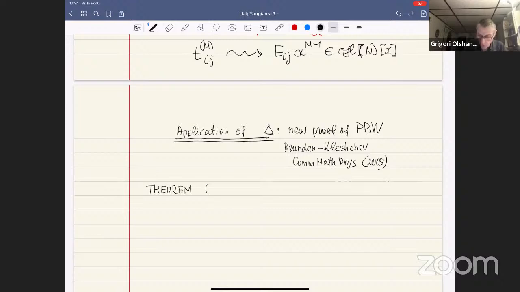Theorem, Poincaré-Birkhoff-Witt type theorem for Yangian is as follows.